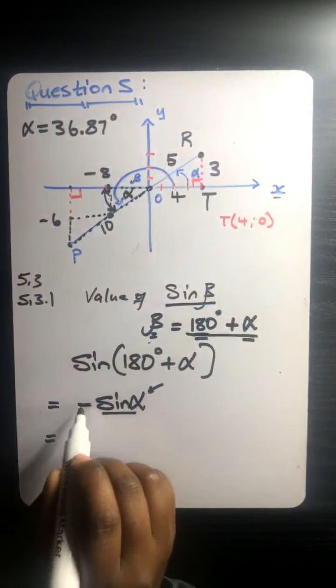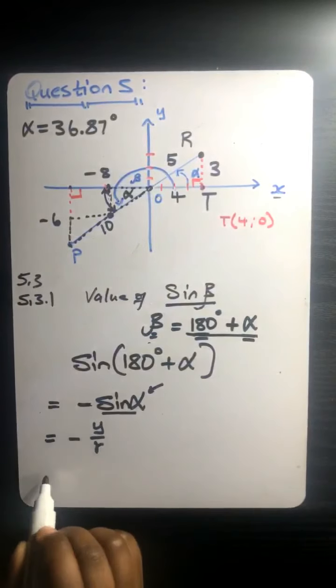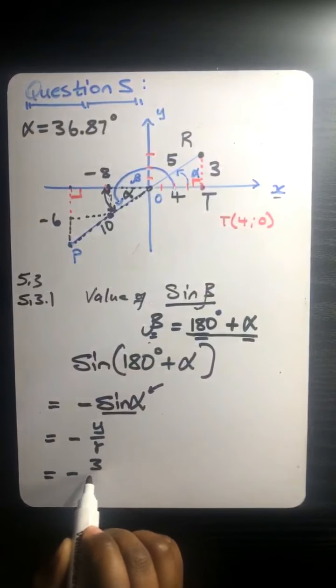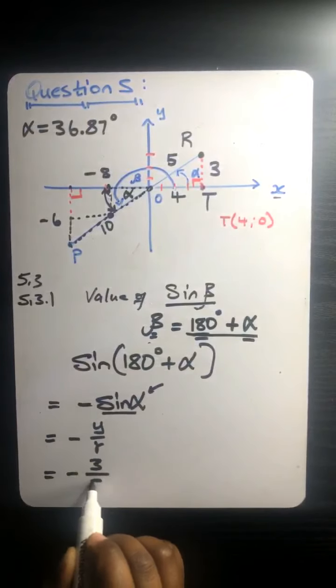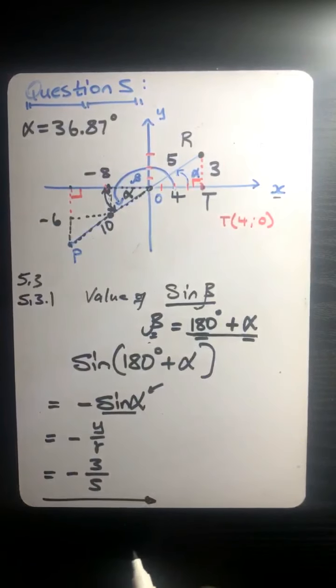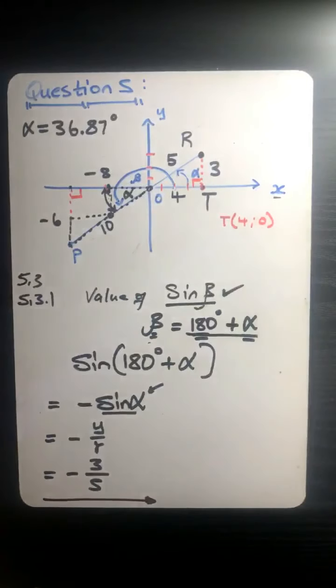Obviously, negative sine is y over r. What is that? It's negative. What is y? y is 3. What is r? r is 5. So can you see? This is the second way in which we can answer that same question, which says determine that value without using a calculator.